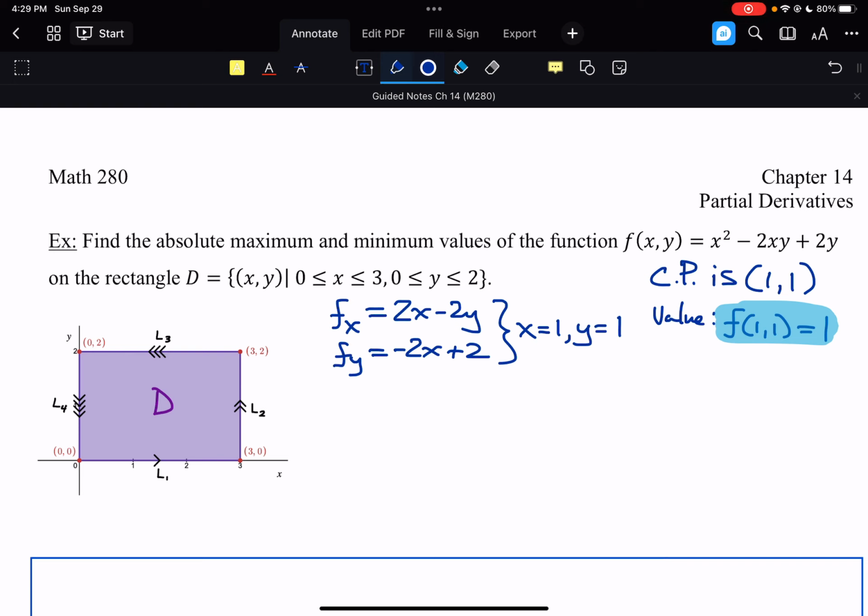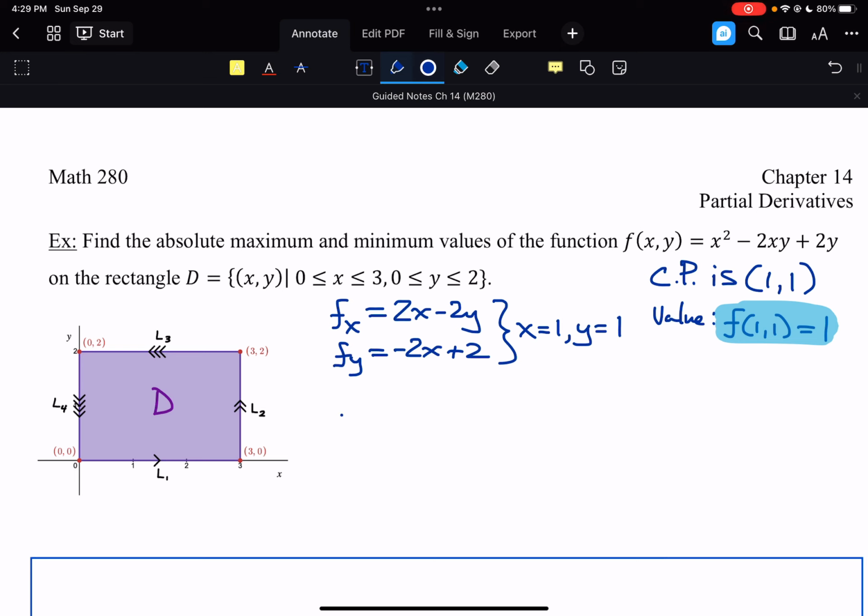So we're going to have 4 different segments that we're going to be looking at. If it was not straight lines, maybe something like a parabola or a circle, then we wouldn't have to do this 4 times. But in this case, 4 line segments, 4 boundary curves.